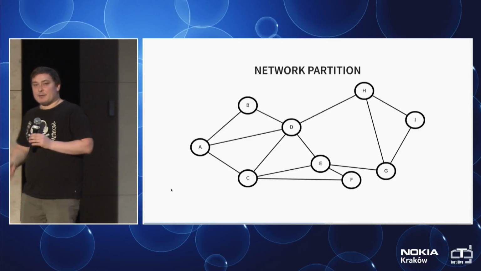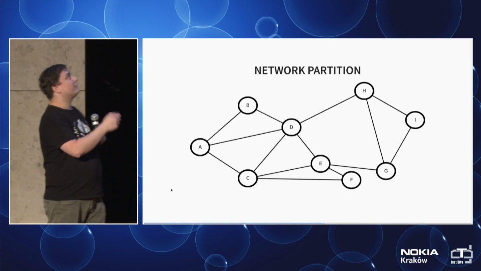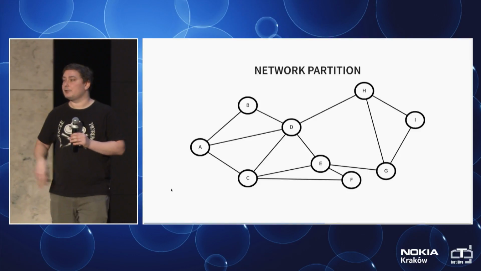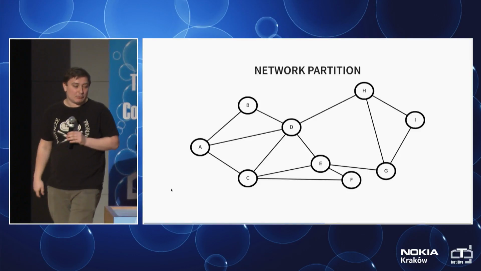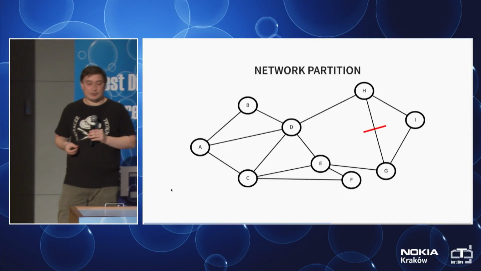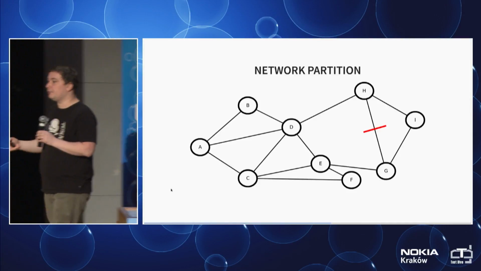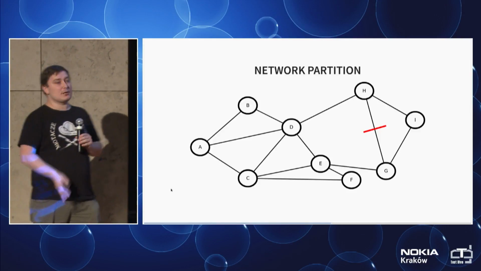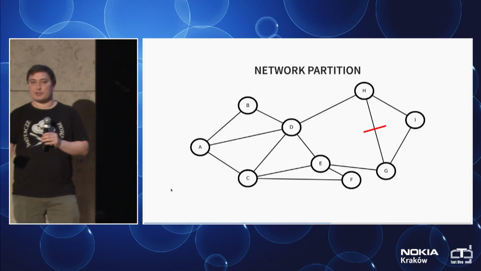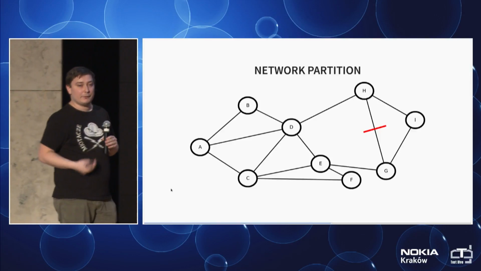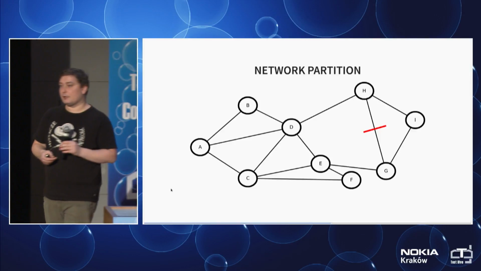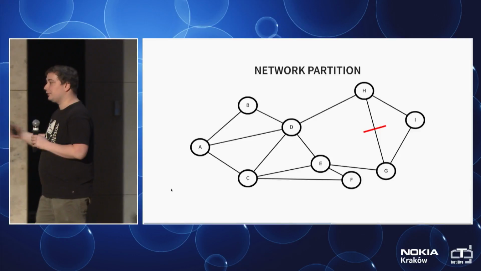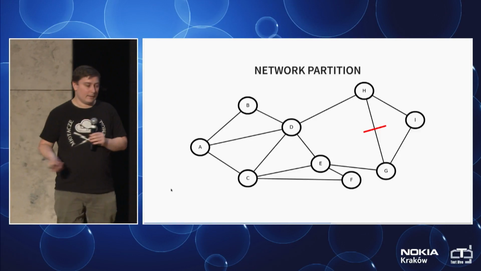Imagine a system that has a couple of nodes connected in some way. A network partition is simply something that breaks the link between any of the components. This break can be one-sided, where you can send some messages but cannot receive anything from others, or it can be two-sided, so you cannot send or receive.